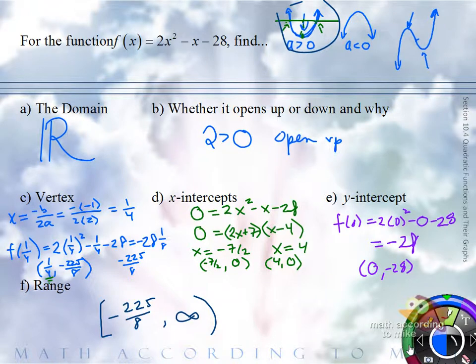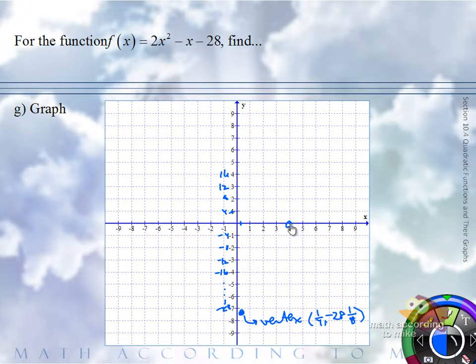In part D, we have a x-intercept at -3.5 and also at 4. And our y-intercept is at -28.